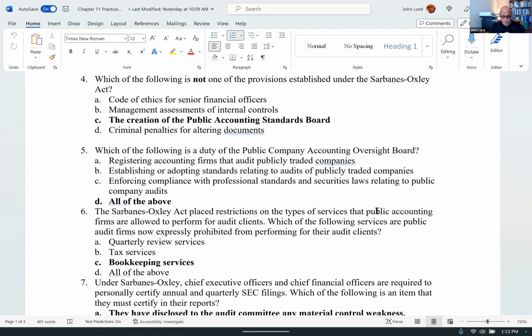What they can't do is prepare the personal returns of individuals that are involved in the bookkeeping process. So I shouldn't say audit the tax return, but prepare the tax return. So if I'm auditing a big company, I can't also be the person that prepares the tax return for the CEO, CFO. That would be a violation of Sarbanes-Oxley requirements.